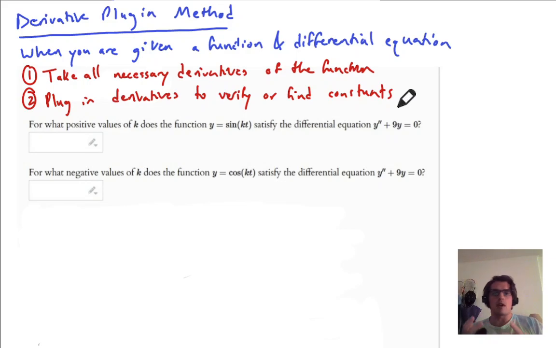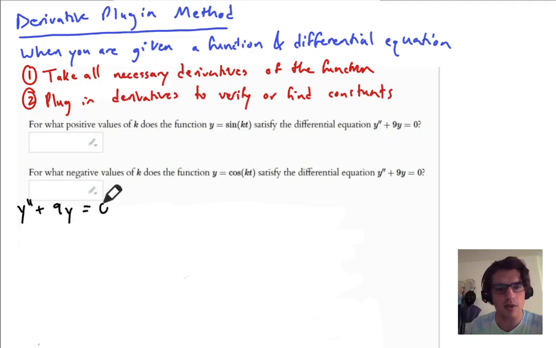Okay, what I mean by verify is that in the last problem we were verifying a solution. We were showing that it did in fact work. In this case, we're going to be finding constants. So let's see this in action. For number one, we have y double prime plus 9y equals 0. That's our differential equation. We need to take all necessary derivatives of the function.